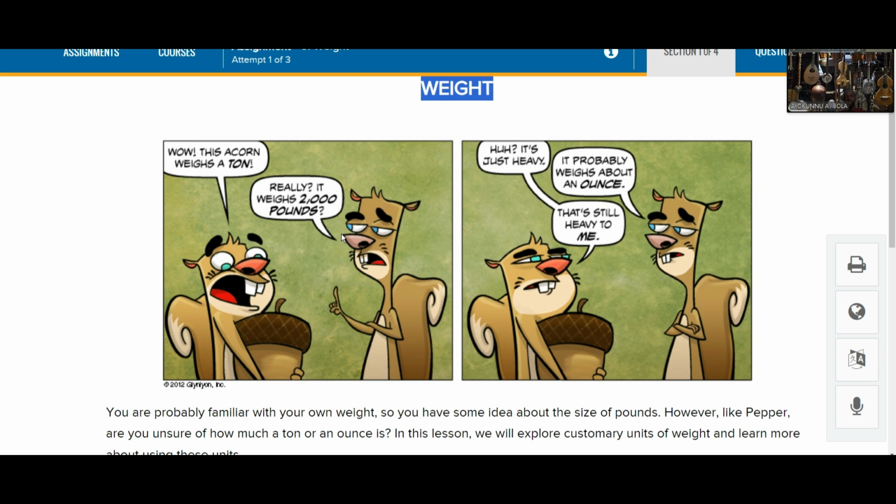The first person is not even saying it weighs 2,000. It's asking a question because there's a question mark there, okay? Andy replied, that's still too heavy for me.